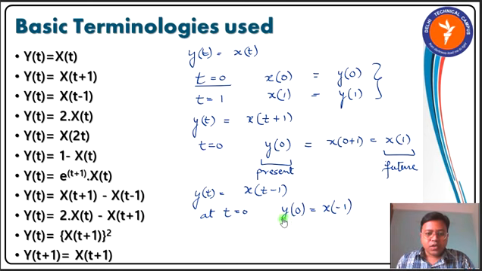This shows that output at t equal to 0 will depend upon the input at t equal to minus 1. So that means the present output is dependent on the past input.